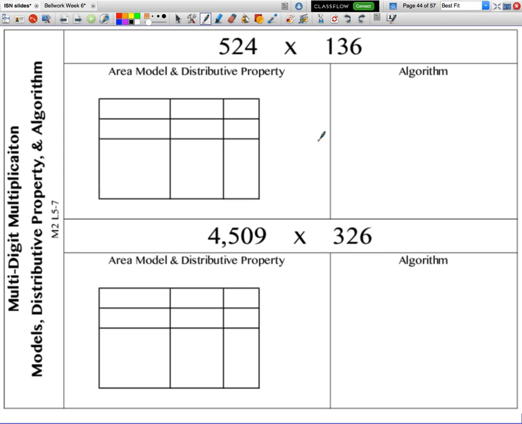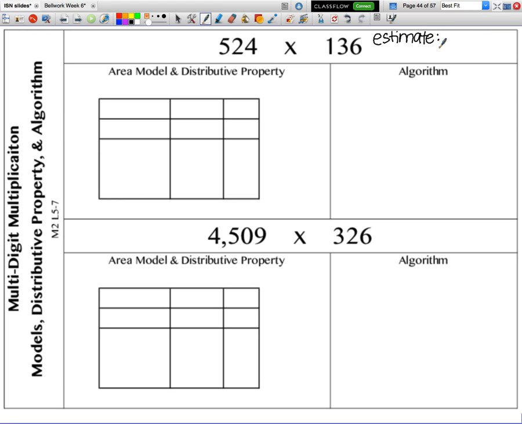Okay, so we're going to start with 524 times 136. And just like yesterday, before we even do any multiplying, the first thing that we need to do is estimate. So right up here, we're going to write estimate. All right.